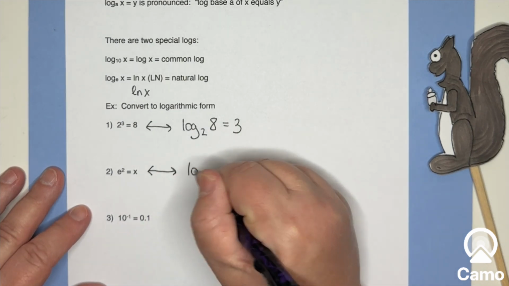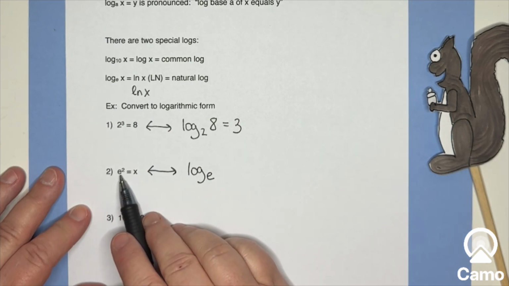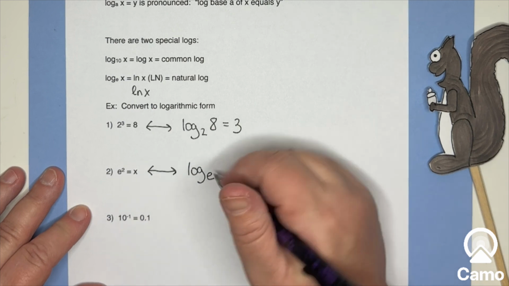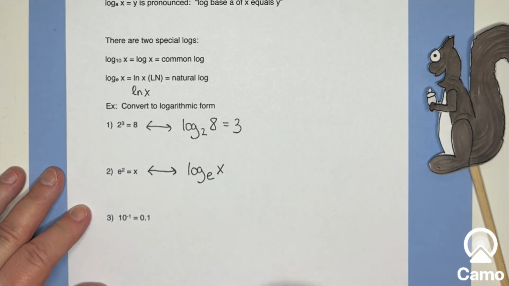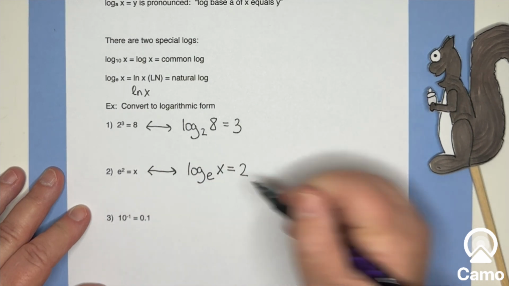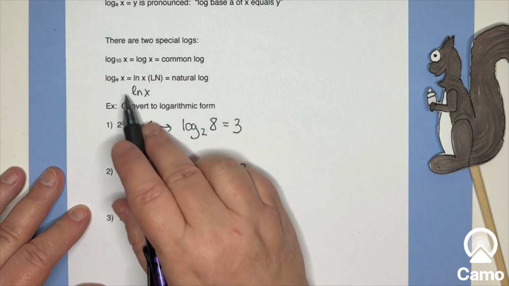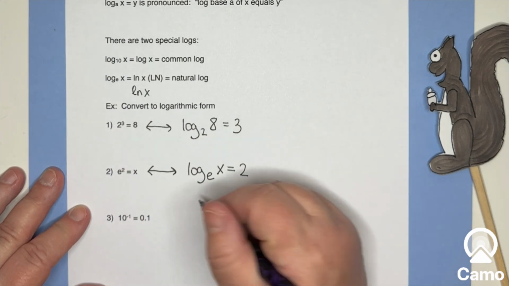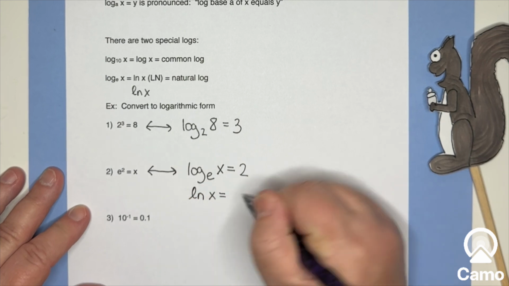And I'm going to write log base e, and then I'm going to go over to the answer of x. How many e's are there in x multiplied together? And the answer is 2. And then I notice that, in fact, log base e is one of the special logs. And so I'm going to write it as natural log of x equals 2.